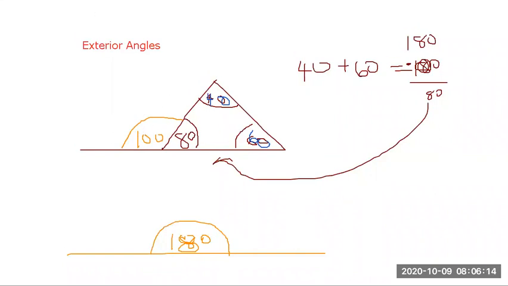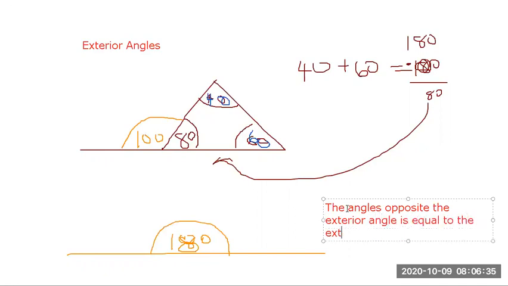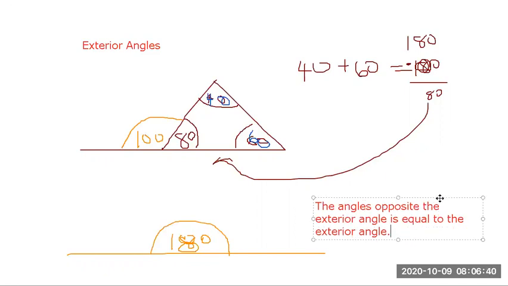The two angles opposite the exterior angle are equal to the exterior angle. So 40 and 60 is the 100. So even if I didn't find what the 80 was first, I could have figured out that the outside angle is going to be 100.